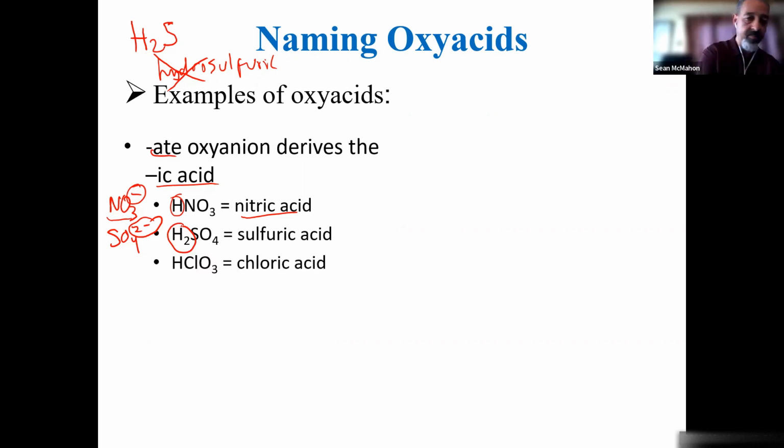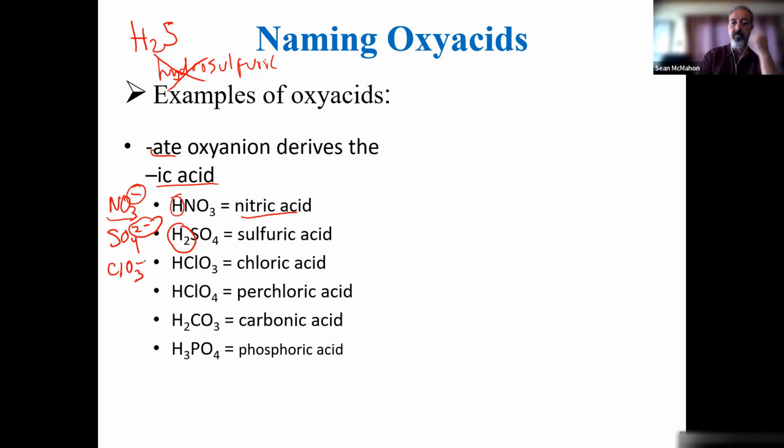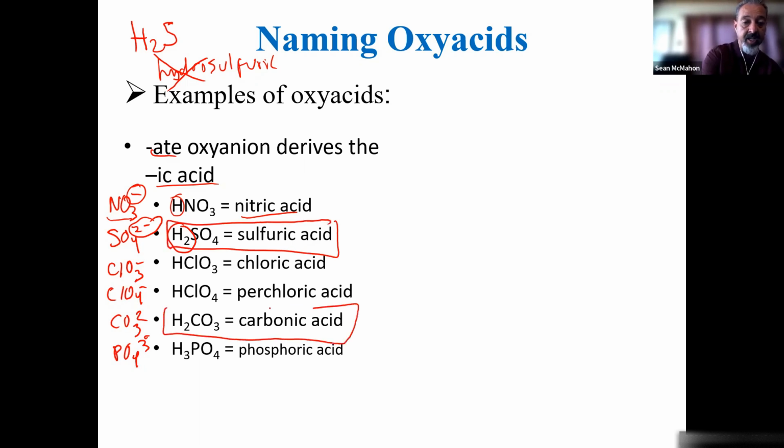Chloric acid, that's derived from chlorate. Perchloric, that's derived from perchlorate. Carbonic, derived from carbonate. Phosphoric, derived from phosphate. So we see that sulfuric acid and carbonic acid are diprotic. What do I mean by diprotic?